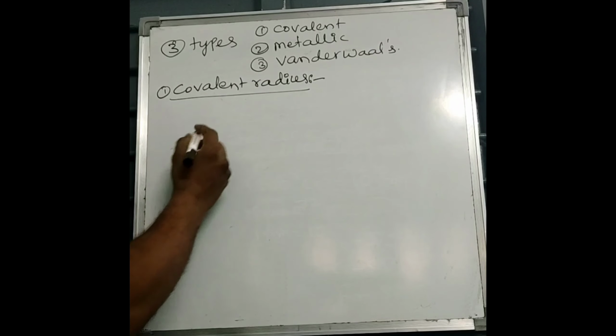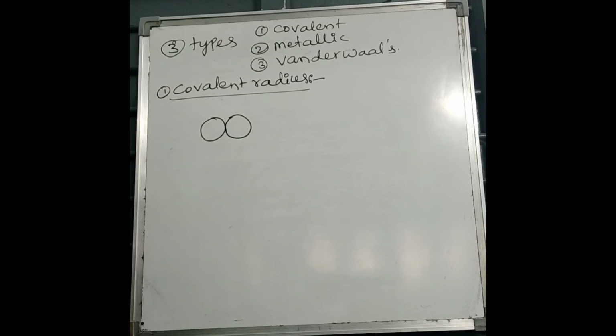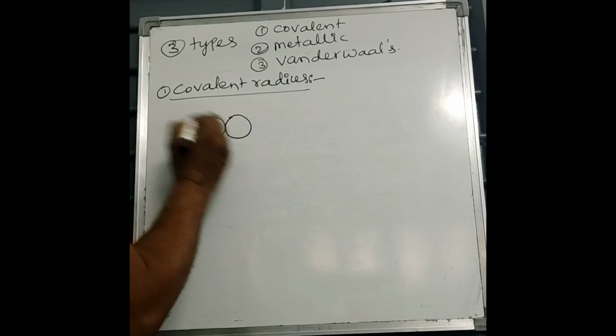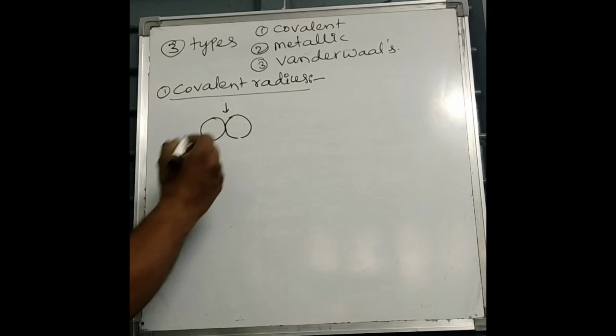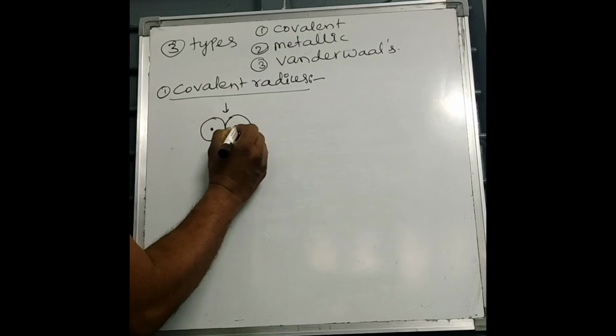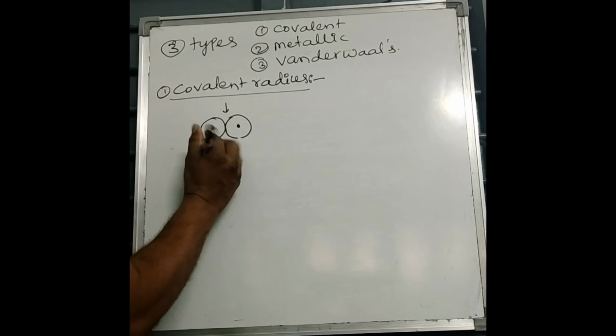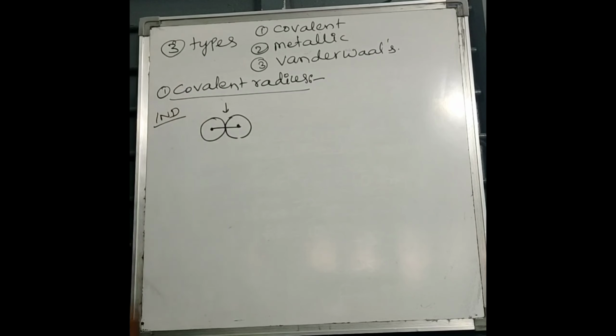See for example, in a molecule, these two are adjacent atoms which are held by a covalent bond. So it is the nucleus of this atom, nucleus of another atom. It is the internuclear distance between two adjacent atoms which are held by a covalent bond in a molecule.